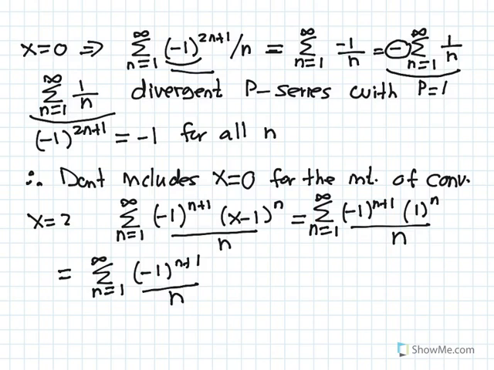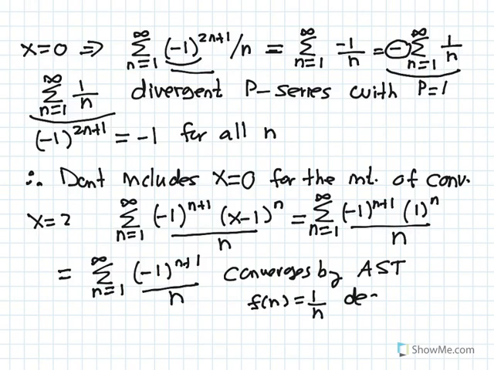Now we know that this is a convergent series, so it converges by the alternating series test. Why does it converge? Because f of n equals 1 over n is a decreasing function of n, and also the limit as n approaches infinity of 1 over n is equal to 0.